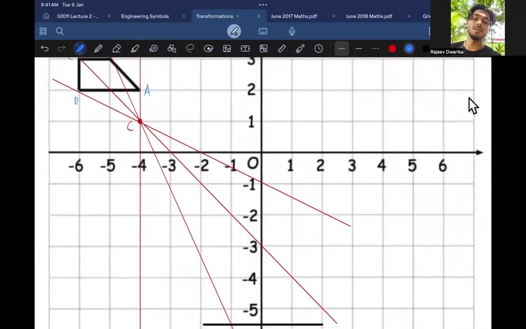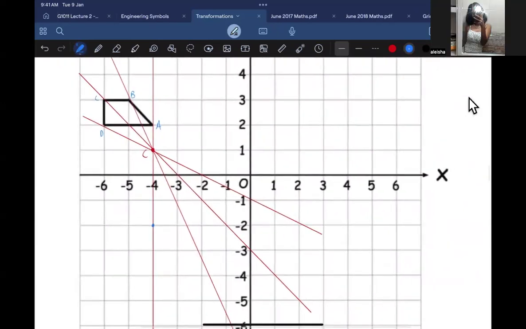So 1, 2, 3. So that's right here. And what would I call that point? A prime. I think you can figure out everything from here now.